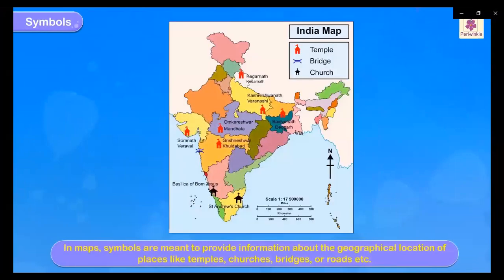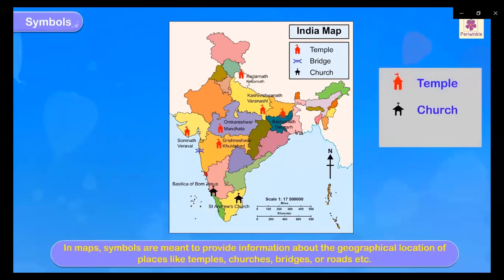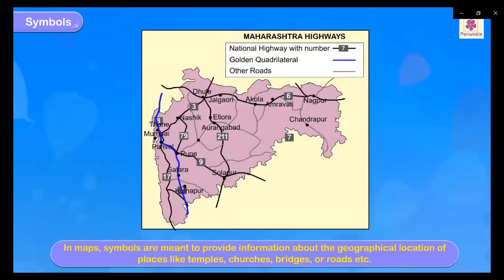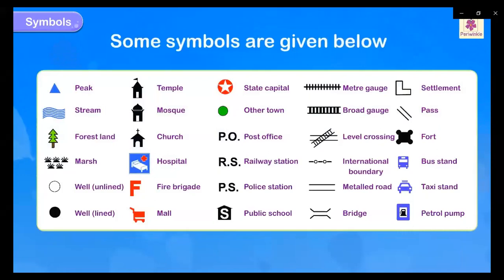In maps, symbols are meant to provide information about the geographical location of places like temples, churches, bridges, or roads, etc. Some map symbols are given below.